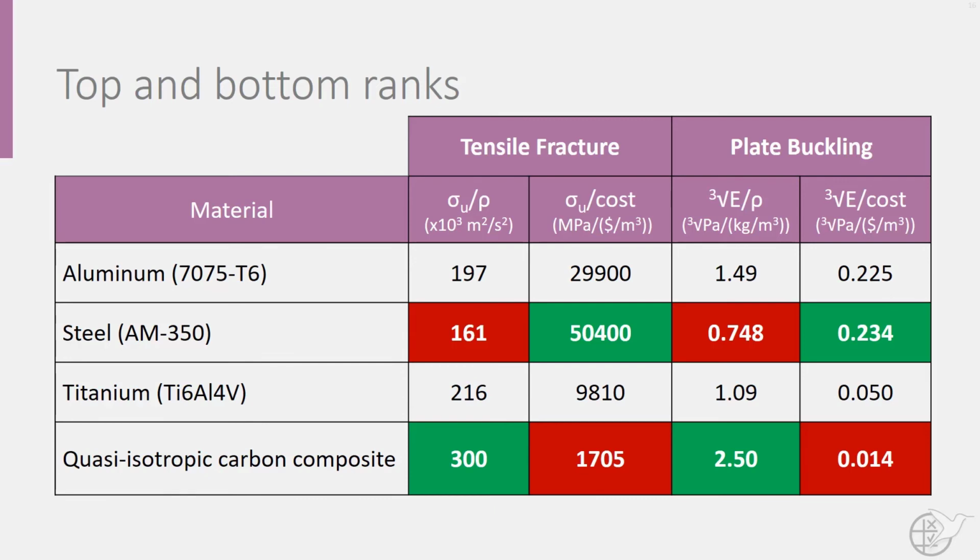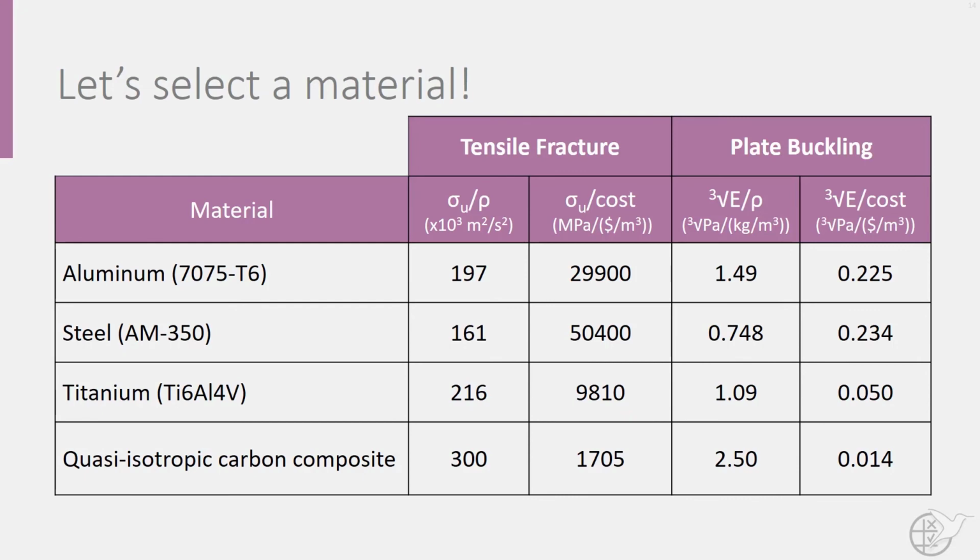This leaves the other 2 materials, aluminum and titanium. They are not the best in terms of weight and cost efficiency, but they do a good job with both constraints. It should be no surprise then that aluminum and titanium are widely used in the aerospace industry. For the structural capabilities being evaluated here, actually aluminum is the most widely used material.